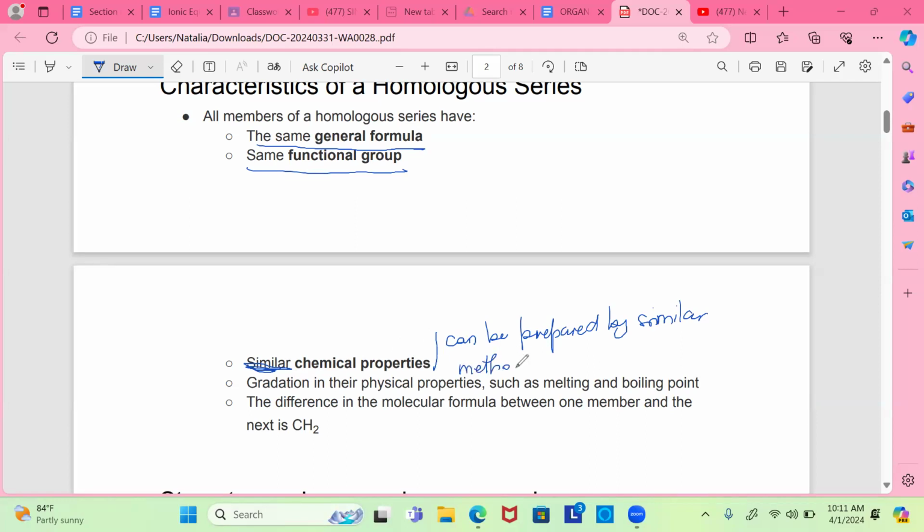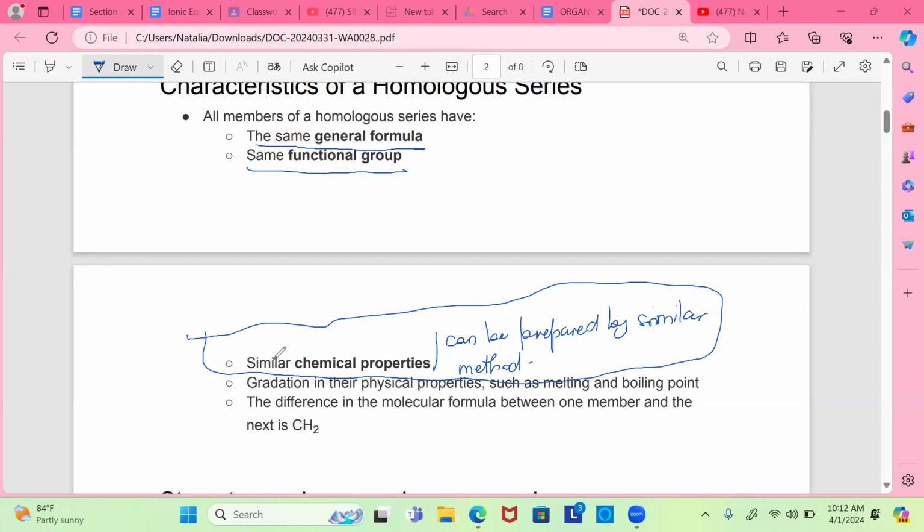So if you look in your concise, you're going to see them listing similar chemical property and can be prepared by similar method as two separate characteristics. However, when we are marking CXC, we take these two as the same. So if you write these two as separate properties, you can only score 1 mark. They mean the same thing. Clear?